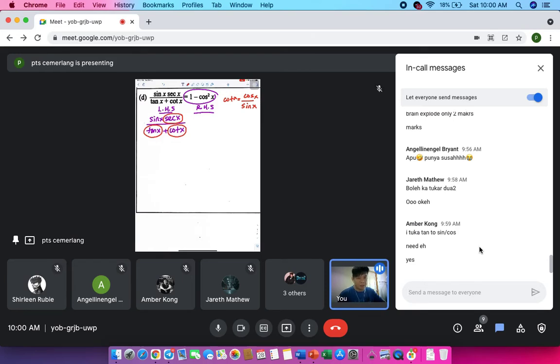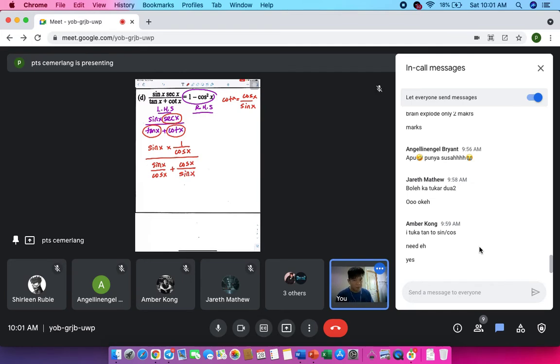Kalau you mau tukar semua tu, you can change everything, right? Cuba tukar semua tu, so what happen? Sin x multiply by 1 over cos x, and then divide by, you want to change everything. So over here you have sin x over cos x, and then plus cos x over sin x.